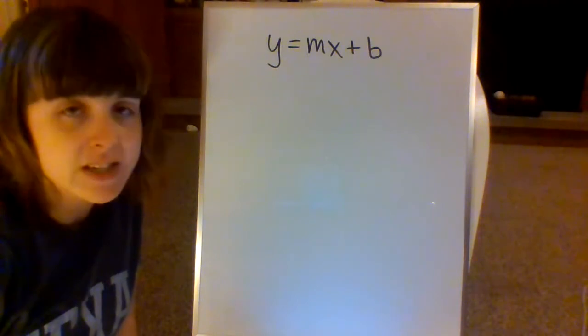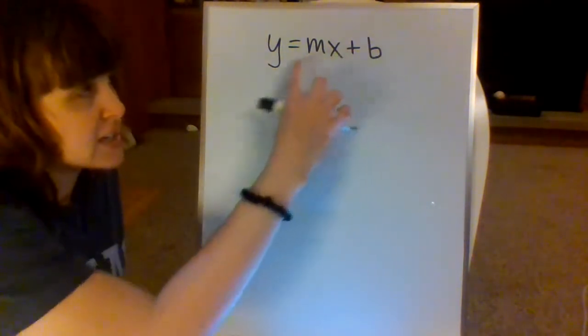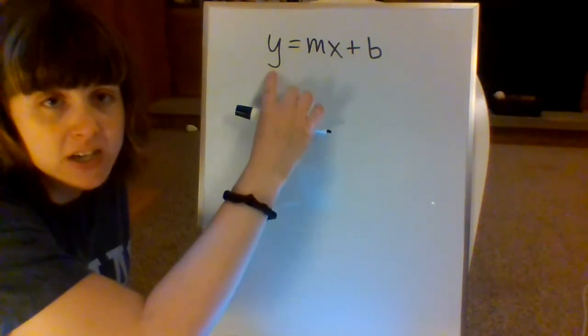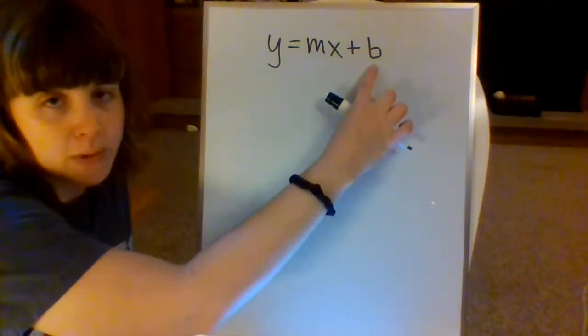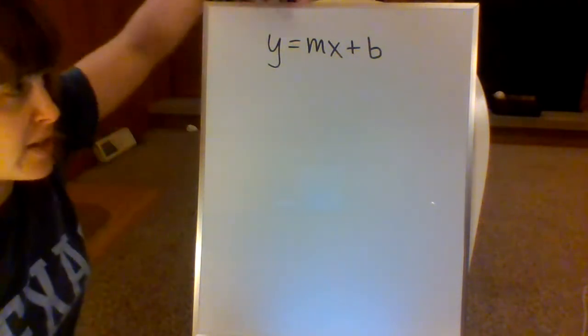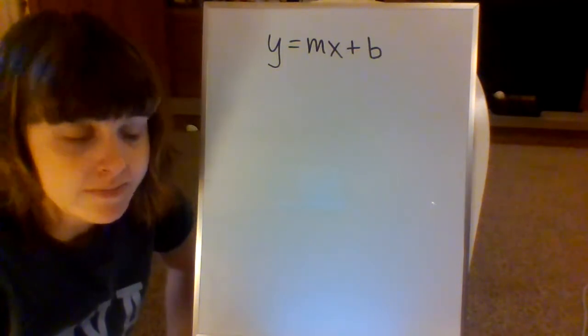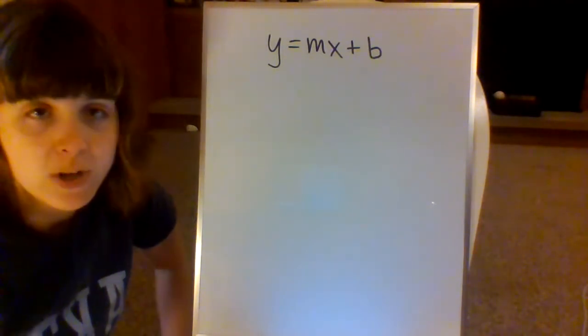So m is the slope, and they're going to give us a point, so we're going to have an x and a y to plug into this equation, and we're going to have to solve for b. And then once we solve for b, we're going to plug back in the slope and the y-intercept, and we're going to write an equation. Okay, so we're going to get started with it.